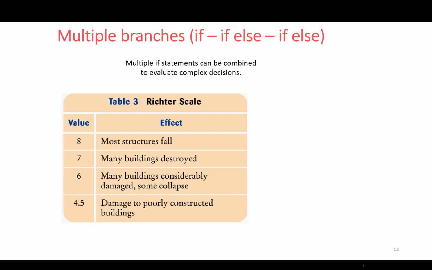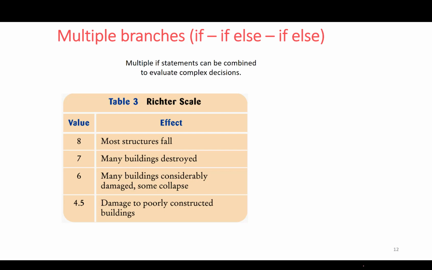So if you look at this, you'll find that I have some values, and based on these values, I have to have a program where you enter the value of the scale, and based on that I will give you a message to let you know what damage will happen.